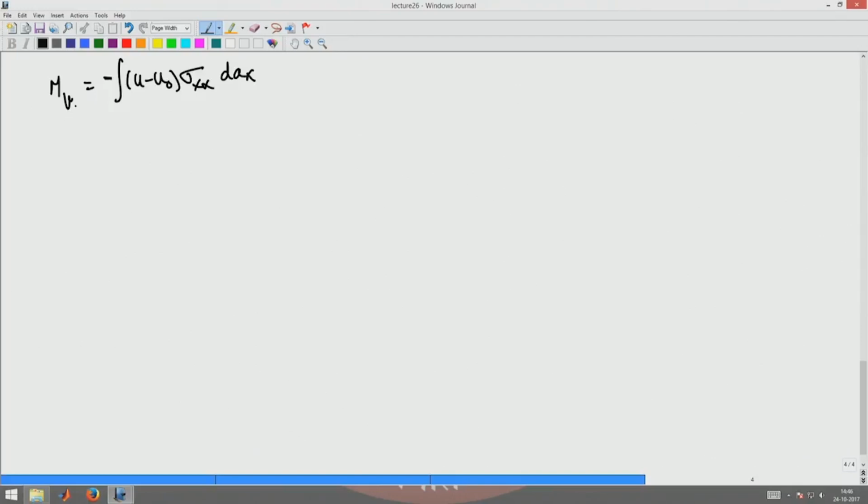This is similar to Mz moment being given by integral y minus y naught sigma xx dAx, where I have replaced z with v and y with u. So, basically I change from xyz axis to xuv axis, hence this change.